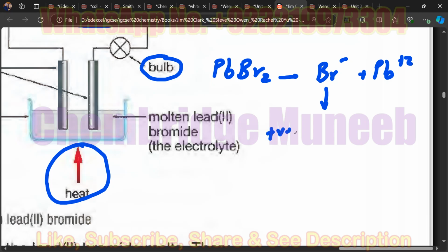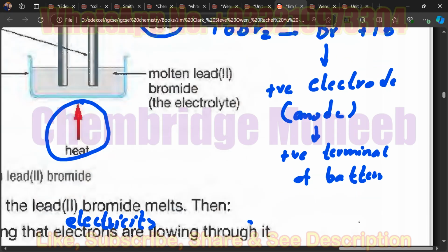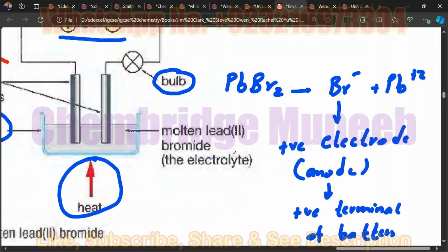The positive electrode in this case is the anode, because the anode is connected with the positive terminal of the battery, and it is the point where the electrons are lost. The electrons are lost here, they are not gained, they are lost at the anode.